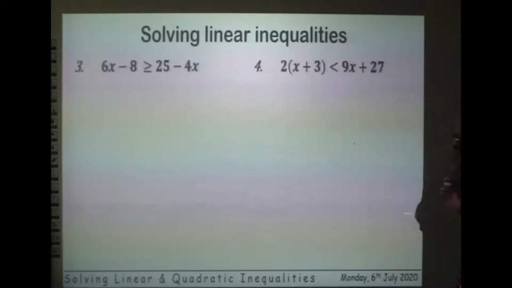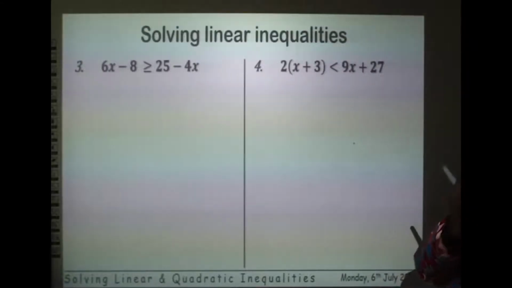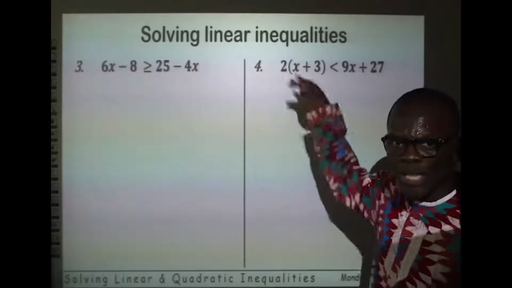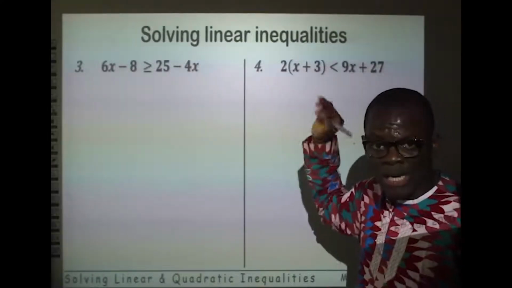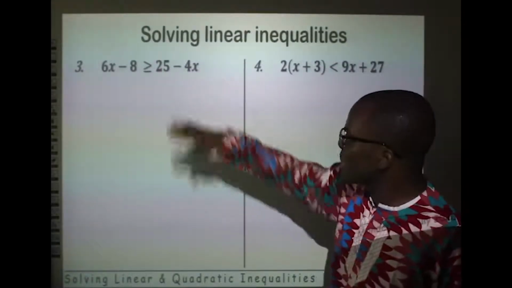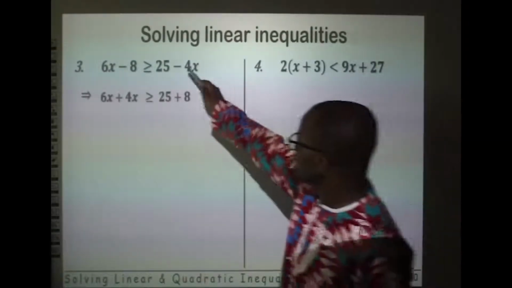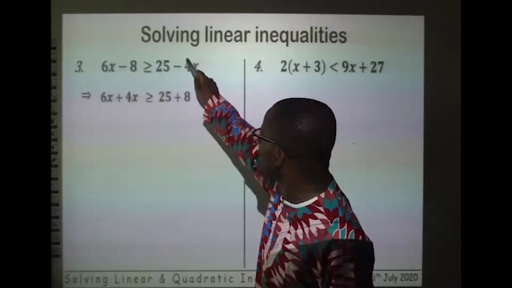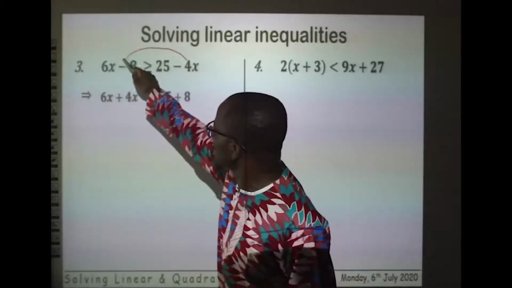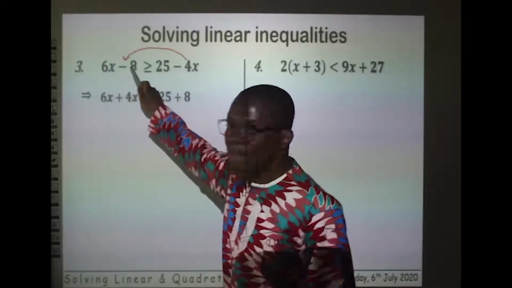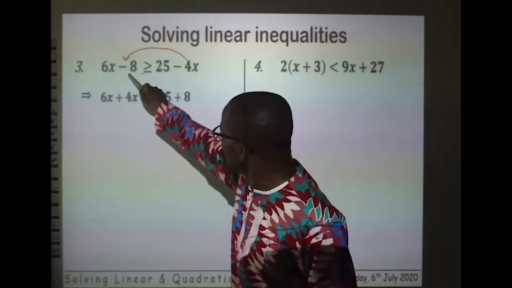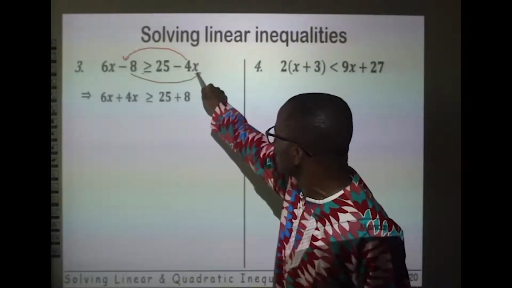Moving on quickly to question number 3. Now I'll have to pace up so we get to the bit that really matters, which is the quadratic inequalities. Okay? Again, what you do here, collect like terms. And then when you do, you have 6x, that's minus 4x on the right hand side. You move it to the left hand side, it becomes positive. The minus 8 you've got on the left hand side, you move it to the right hand side, it becomes positive.